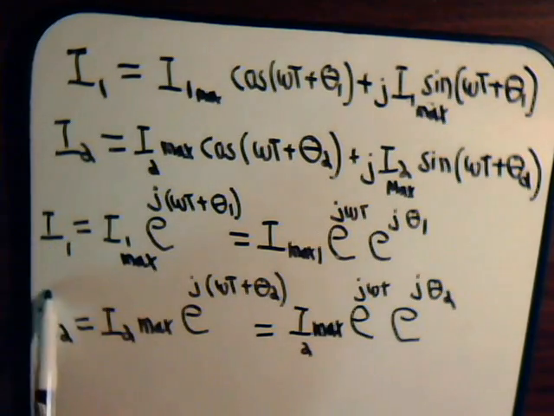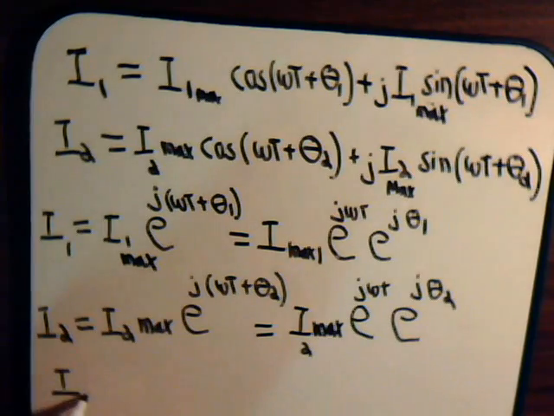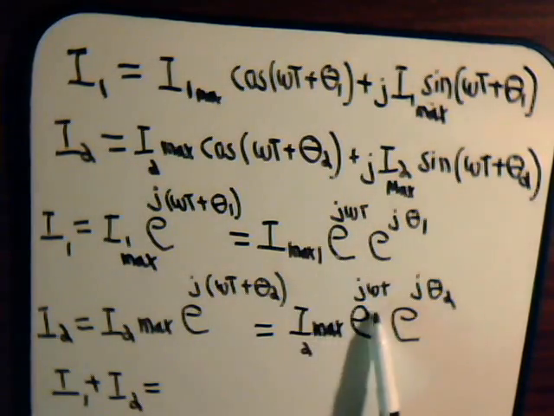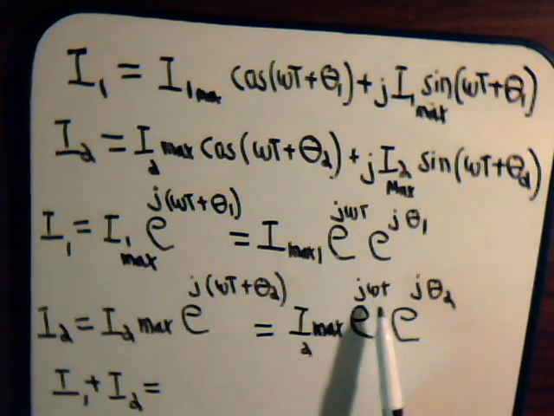So what happens if we add I1 plus I2? So this plus this, I1 plus I2 equals, now here we're going to add this plus this. Here we have a common factor right here because omega is the same.